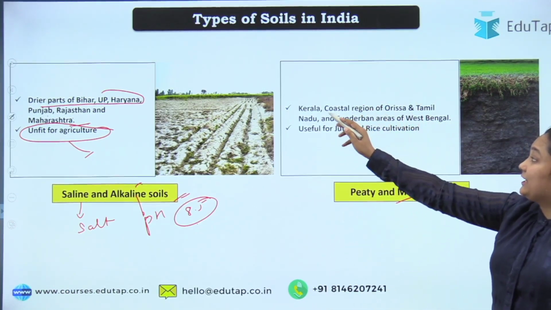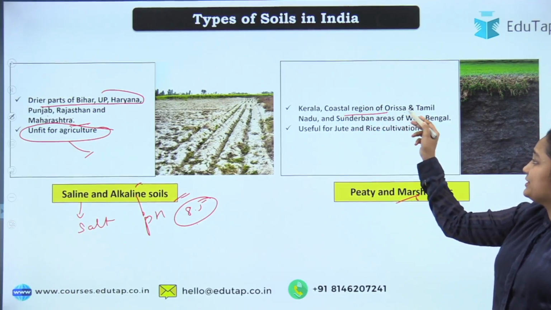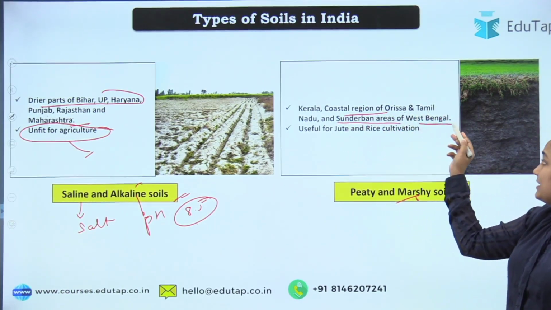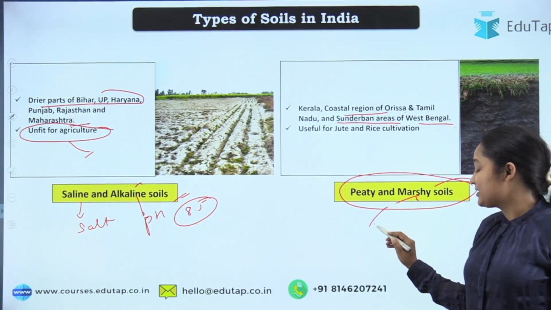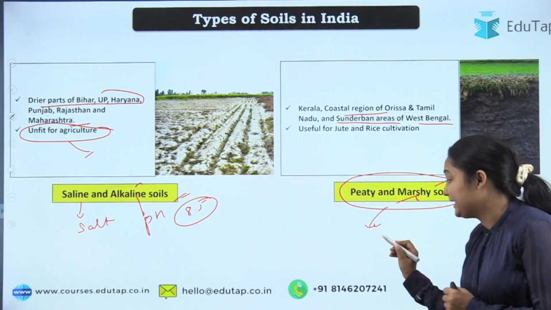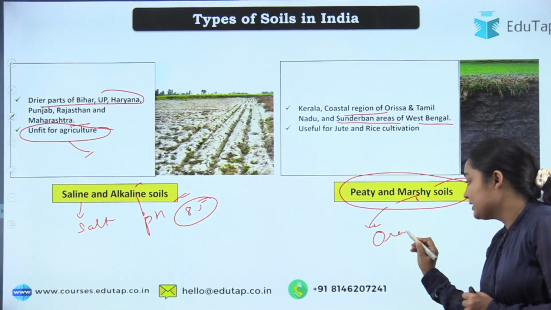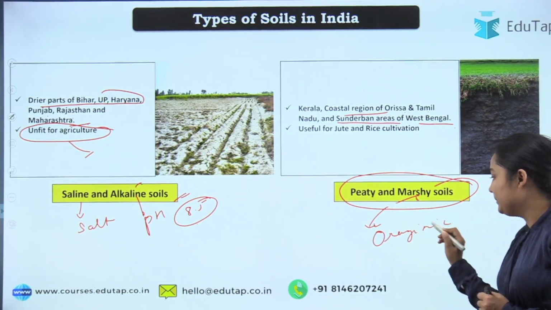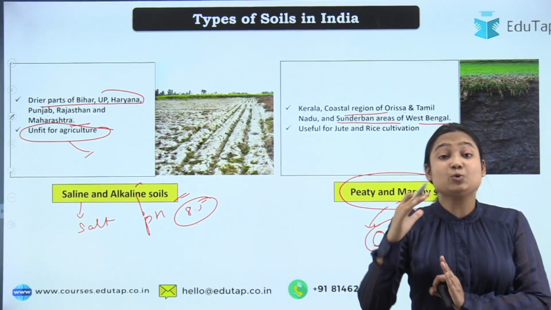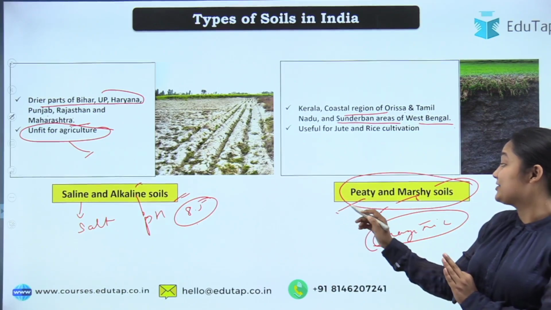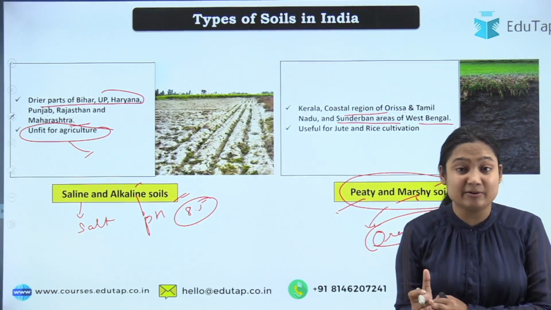These cannot be used to cultivate any kind of plant very easily. Now talking about Kerala, the coastal region of Odisha, Tamil Nadu, and the Sundarban area of West Bengal, there we find peat and marshy soil. These soils are very rich in organic matter. The carbon content is so high that these peat and marshy soils are used as a carbon buffer.